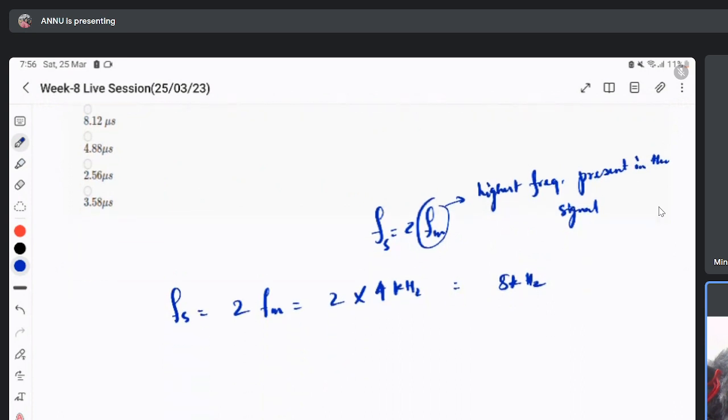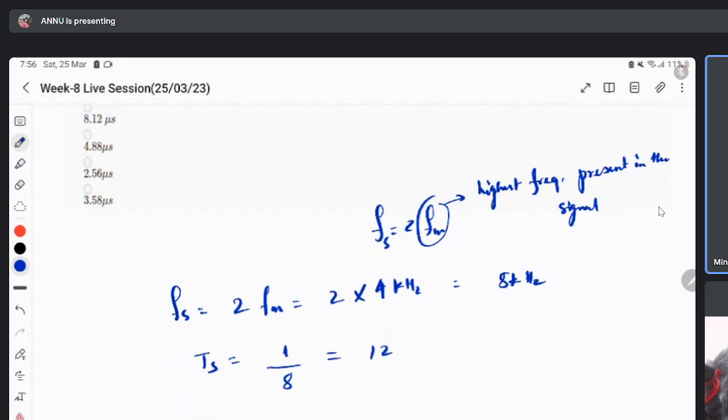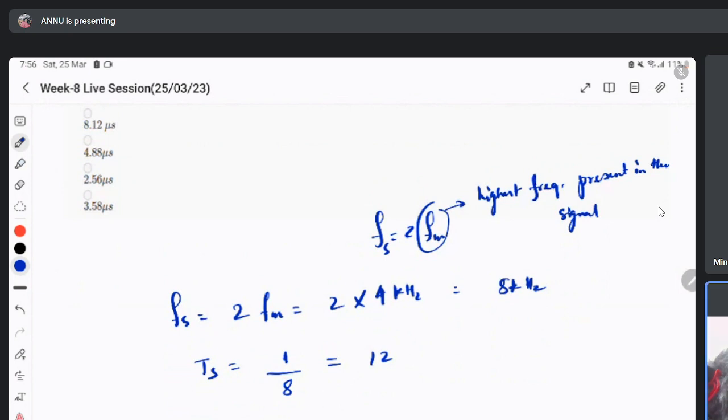Okay, so let's calculate. Ts is equal to 1 by 8. Ma'am, the answer will be D, 3.58 microseconds. Okay, can you tell the logic?